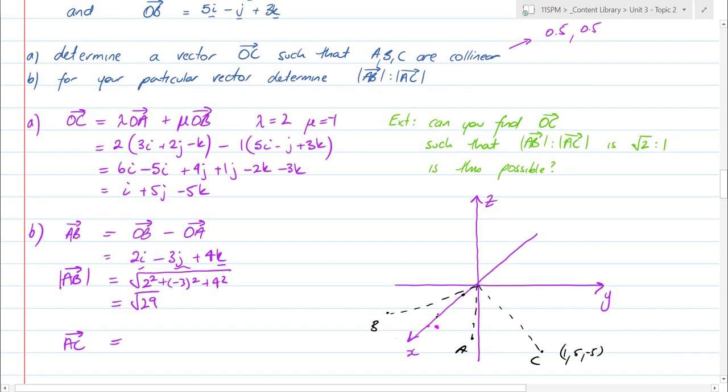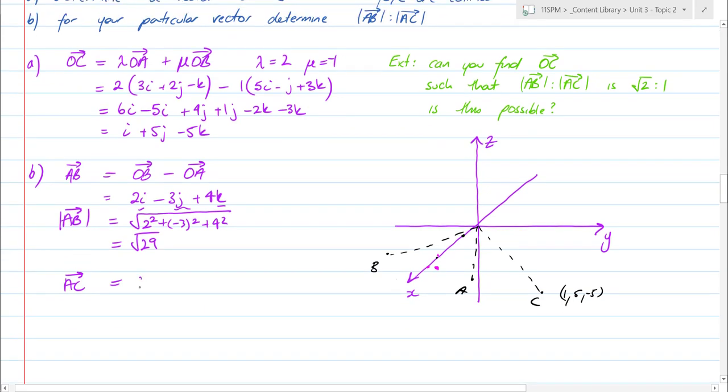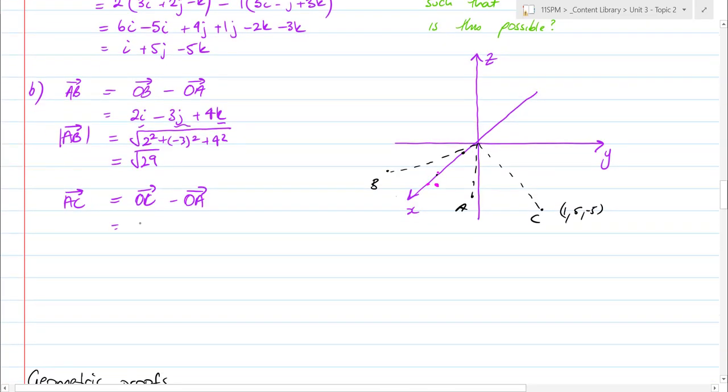And AC, which is the other part of the ratio, is equal to OC minus OA. So I've got my OC there, I've got my OA up there. OC minus OA will be 1 minus 3 is negative 2, 5 minus 2 is 3, negative 5 minus negative 1 is negative 4. So I get negative 2, negative 3, negative 4, equal to negative 2i, negative 3j, negative 4k.